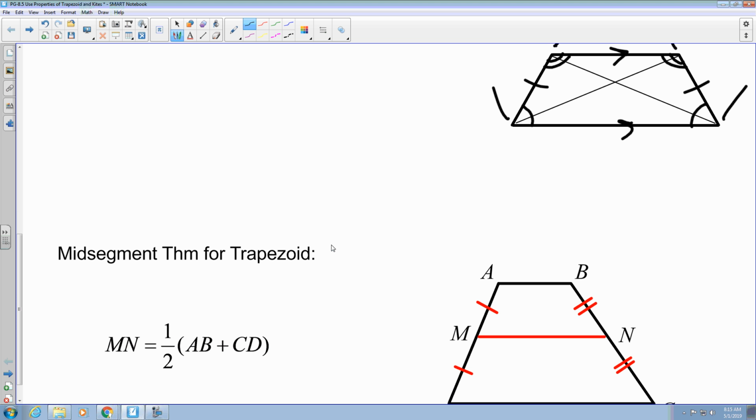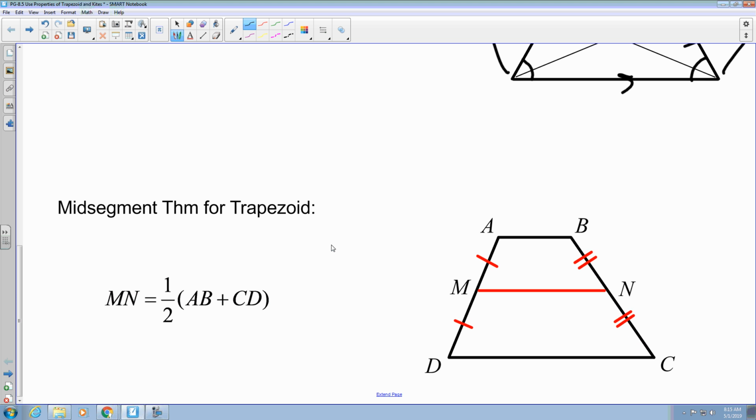Another thing that we have when it comes to figuring out different formulas is what is called the mid-segment theorem for a trapezoid. If we were to take a line segment and cut our two legs in half, so M and N are the midpoints of AD and BC respectively, and you made a line segment there, in this case we have that red line segment.